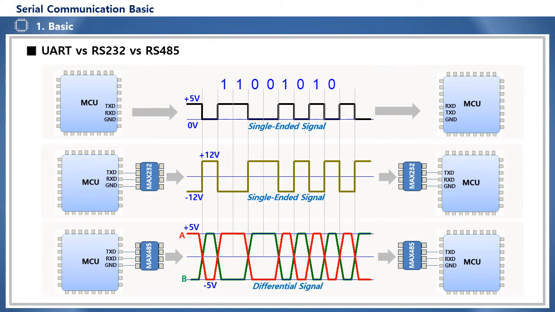Since this differential signaling communication uses the difference signal between A and B on the receiving side, the noise component is removed from the difference signal for external noise, so it has strong noise immunity and also has a significant advantage in long-distance communication. Due to these advantages, differential signaling communication is adopted in USB, Ethernet, HDMI, PCI, SATA, etc.